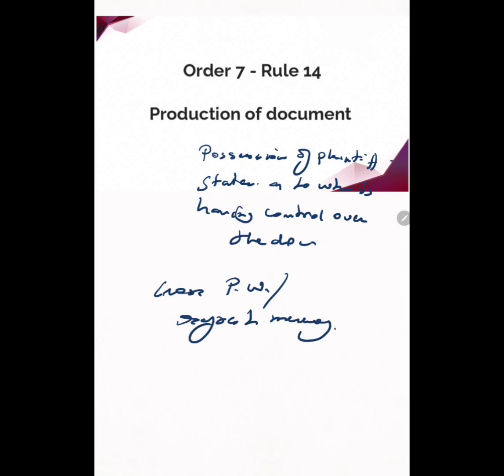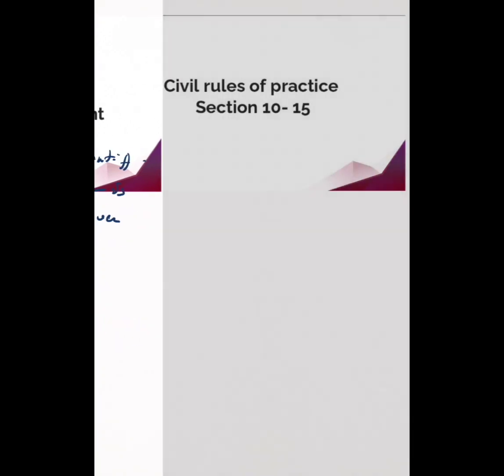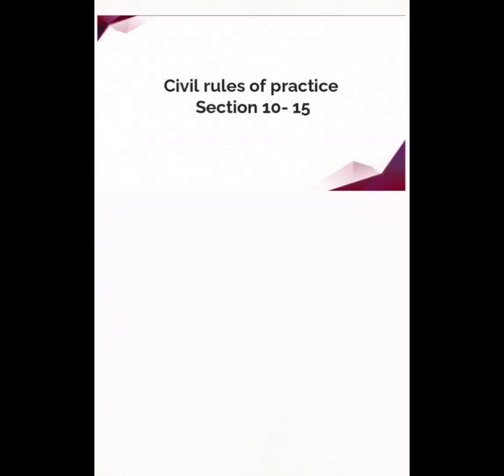Now, when we are talking about the plaint, it is also of utmost importance to go through the Civil Rules of Practice, Rules 10 to 15, which contain details with regard to several aspects. For example, Rule 10 deals with the form of the plaint, as to how a plaint should be. That has to be read before you file a plaint before a court.